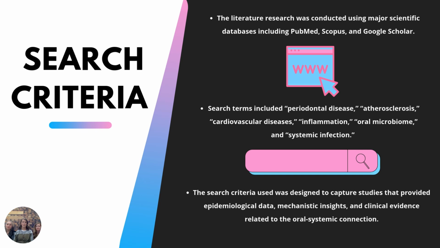So their search was broad but focused on relevant data. They also excluded some case reports and some overall small studies, and seemed to lean toward including only peer-reviewed human and animal model data. That also adds some credibility even though the review itself isn't systematic.